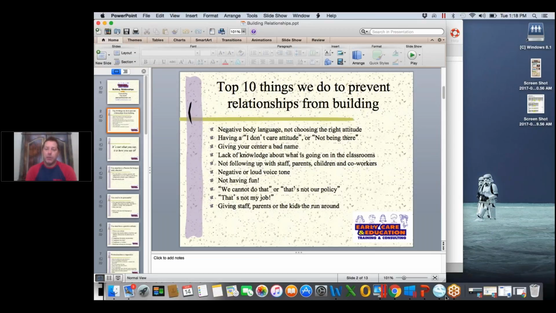When you are a teacher that's working in an early education classroom and you kind of have that "we can't do that," or "that's not my job," or "that's not my policy" attitude, the kids, again, they pick up on that. And people don't want to be attracted to that either. Now, again, let's put this in from the child's point of view. How many times have y'all noticed children in your environment that have that "we cannot do that," or "we're not supposed to do that," or "that's not the rule" kind of mentality?